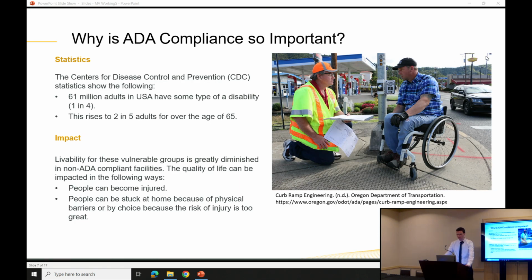The CDC defines a disability as any condition of the body or mind that makes it difficult for the person with the condition to do certain activities and interact with the world around them. In other words, it affects their day-to-day life. Thus, 1 in 4 adults in the United States have some sort of disability. And if just looking at adults over the age of 65, that actually rises to 2 in 5.